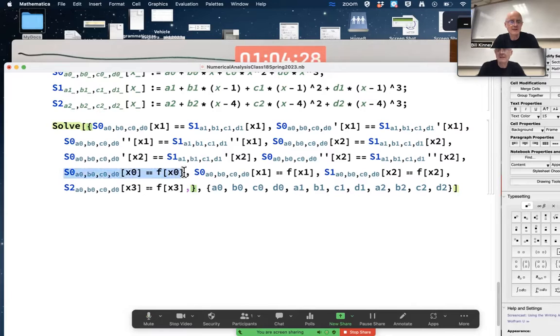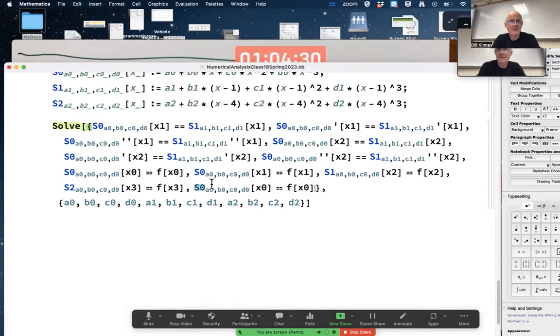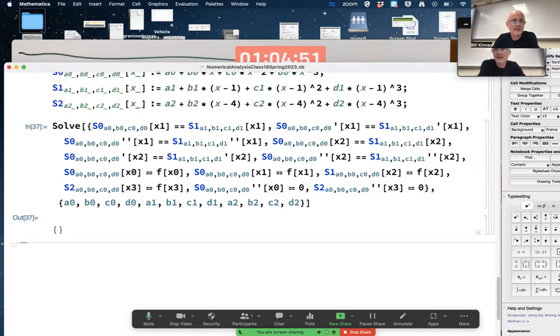So we want the second derivatives not to equal function values or derivative values, but 0 at the left endpoint and the right endpoint, which we'll need S2 for. And the right endpoint is x3. If I've fixed all my typing mistakes, hopefully this will be good.